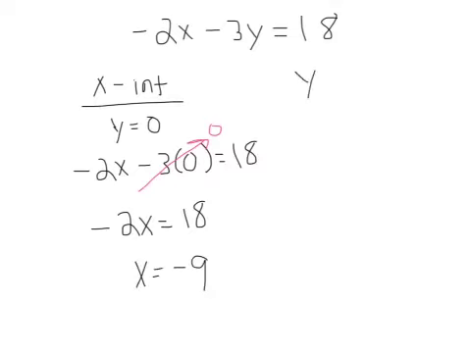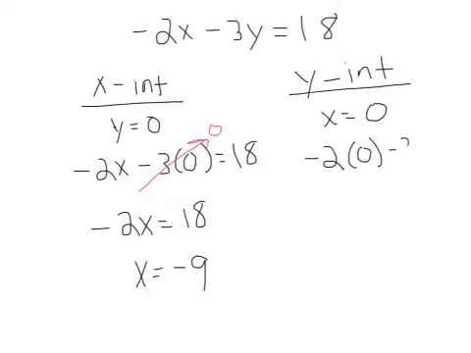My second step is to find the y-intercept, which is when x equals 0. I'm going to plug in negative 2 times 0 minus 3y equals 18. I'm going to cancel out the negative 2 times 0 as just 0.